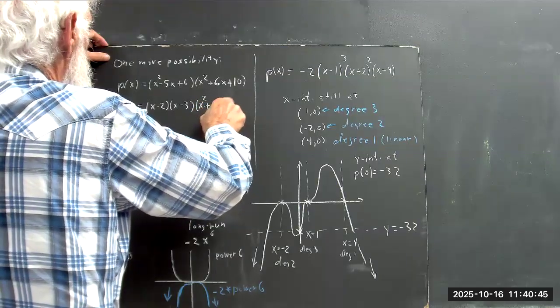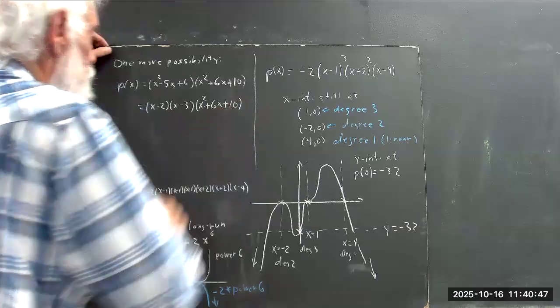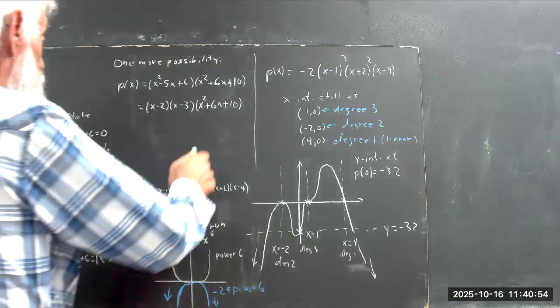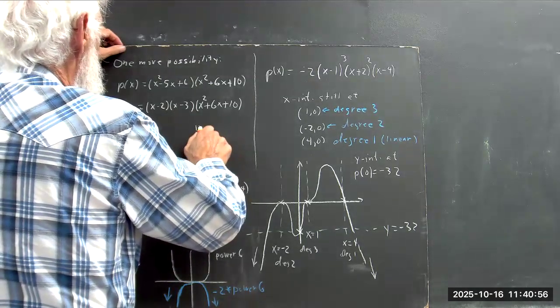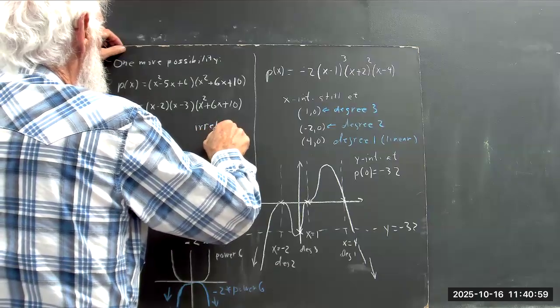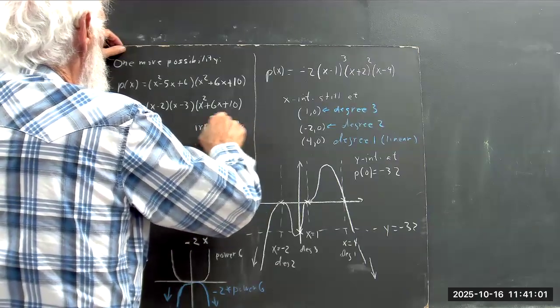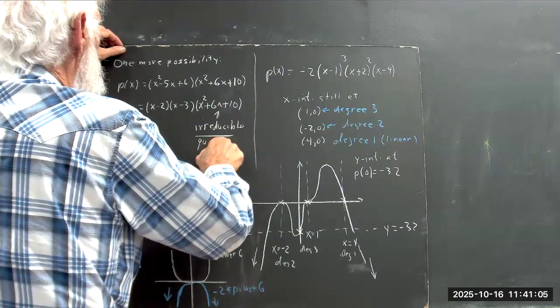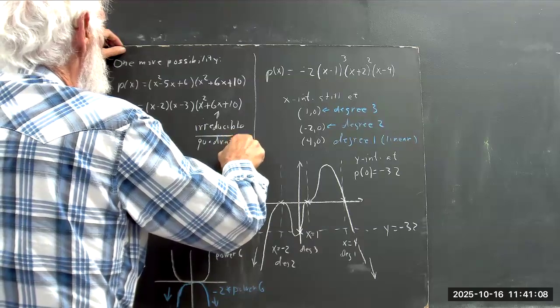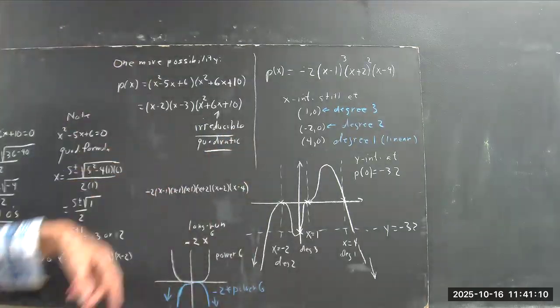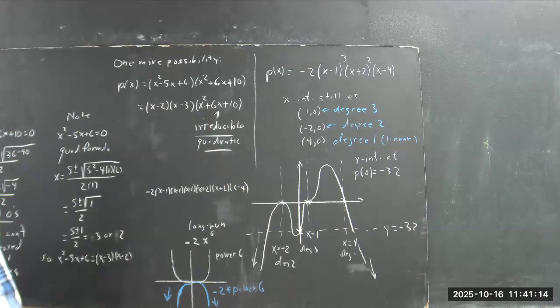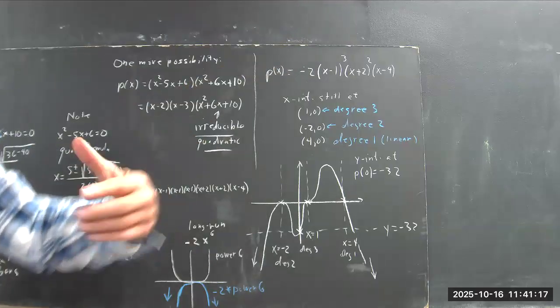So we can't write it in factored form, at least not until we get to complex zeros in another week or so, probably next week sometime. It's an irreducible quadratic. Its graph never touches the x-axis. This graph stays above the x-axis in this case.